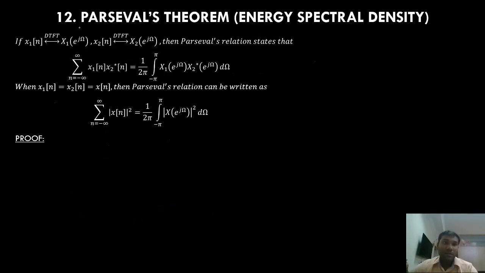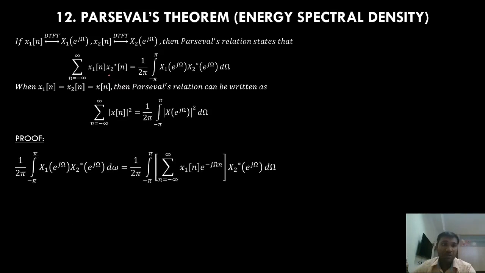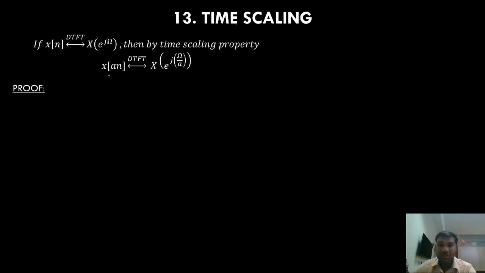And the last property is Parseval's theorem, which we have already studied in continuous time Fourier transform. There it was for continuous signals, and now here it is for discrete time signals. The procedure is completely same, so I'm not going through it in detail.